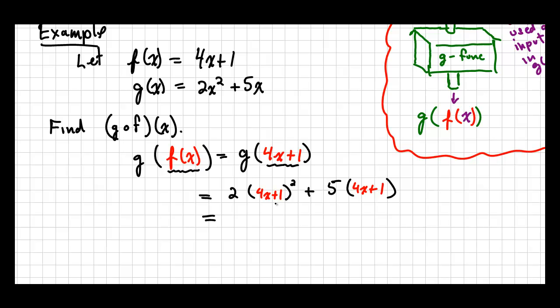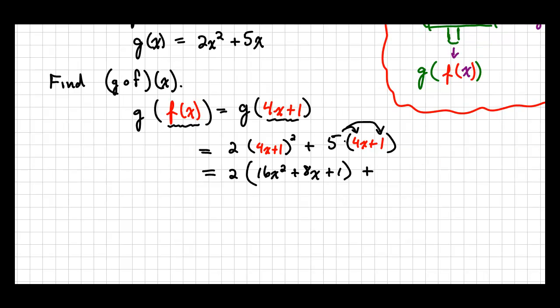The rest of it is sort of simplification, right? It's going to be 2 times, remember you're going to have to FOIL this 4x plus 1, so it's going to end up being 16x squared plus 8x plus 1. That whole thing is still in parentheses because we still have that 2 out front, plus I'm going to distribute the 5 to both of these. 5 times 4x is 20x, and then 5 times 1 is plus 5.